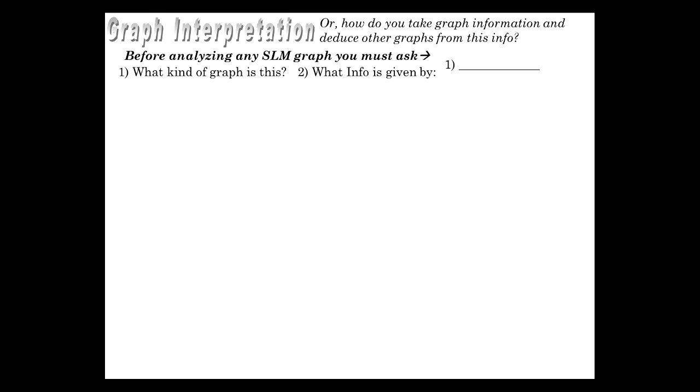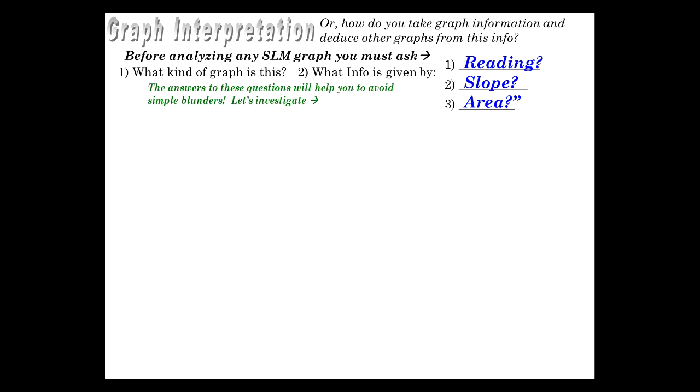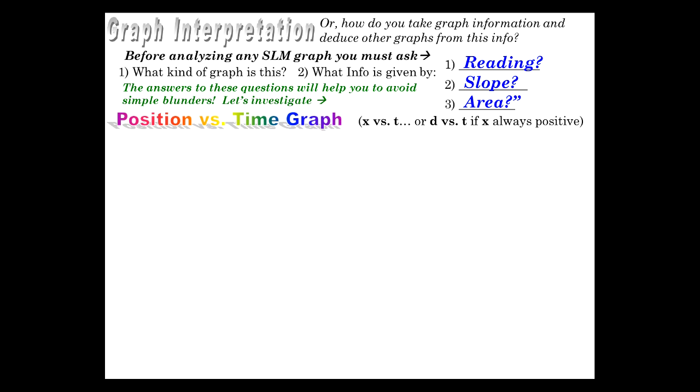And then the second question, with a couple subparts: what information is given by reading the graph, the slope of the graph, and the area underneath the graph itself? What information is given by those particular operations or features? If you ask those questions and answer them correctly, you will be on track.